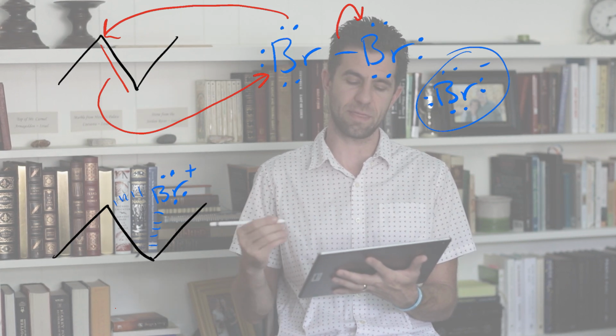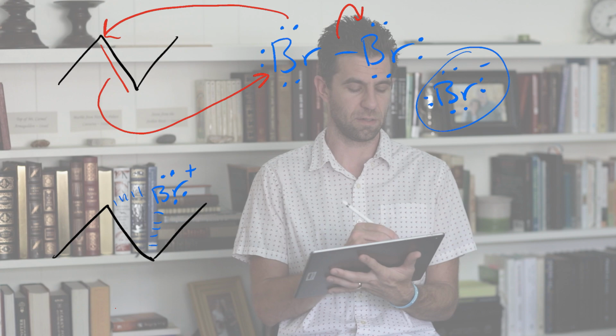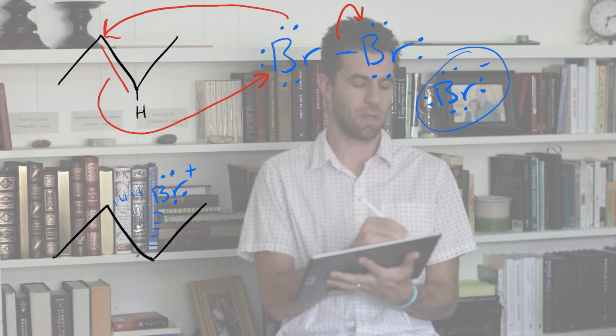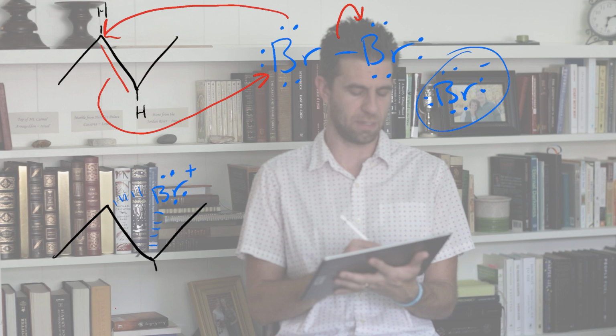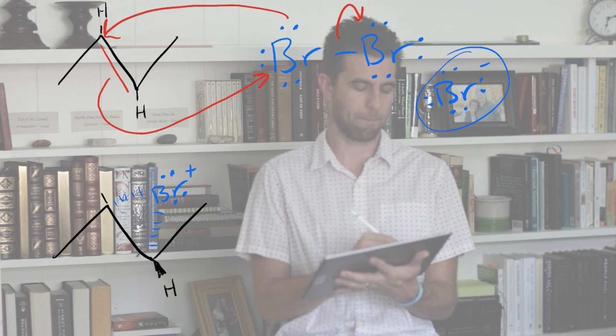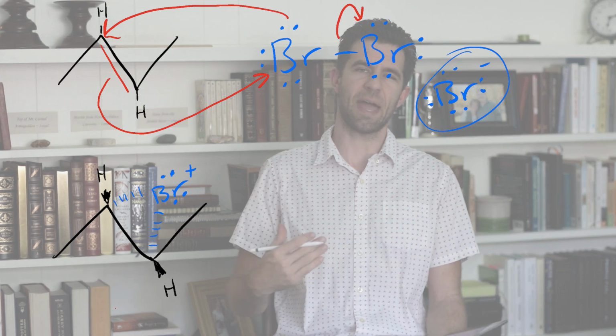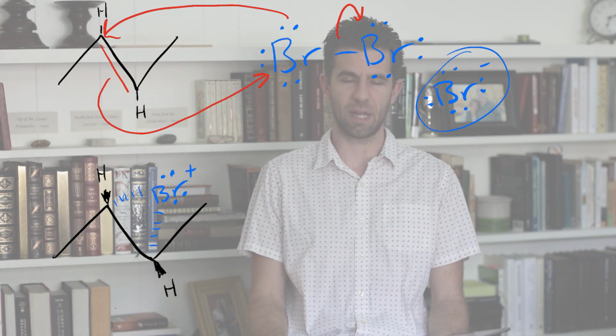Now remember that there were hydrogens of course on this alkene, so we still have those hydrogens here, right? But that's what our brominium ion is going to look like.